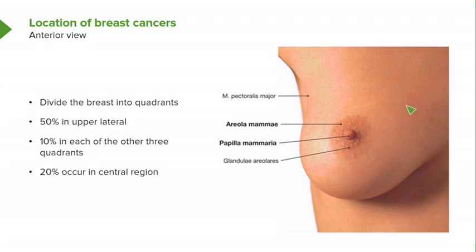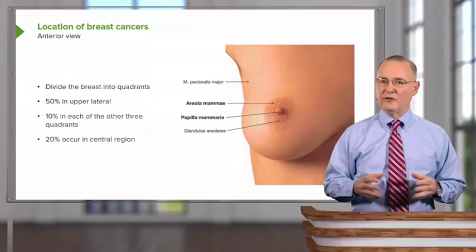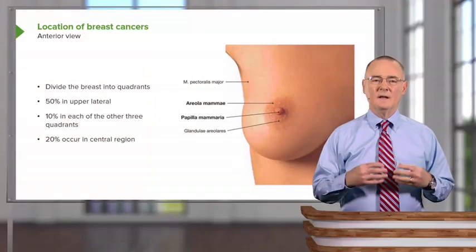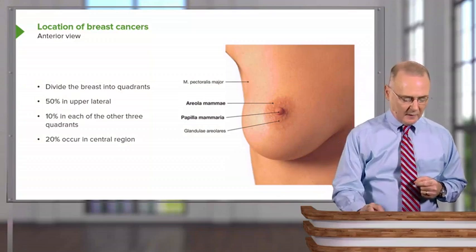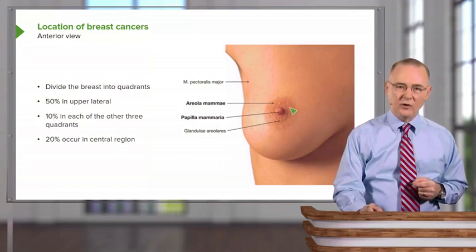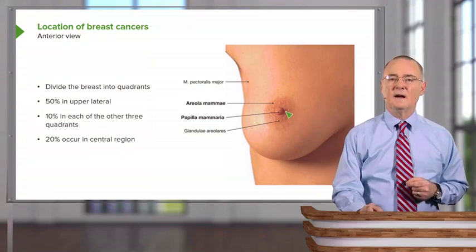The other three quadrants, medial upper, medial lower, and lateral lower, you're looking at a rate of about 10% in each of those. That brings us up to a total of 80%. 20% of the other breast cancers are going to be located in the more central location of the breast.